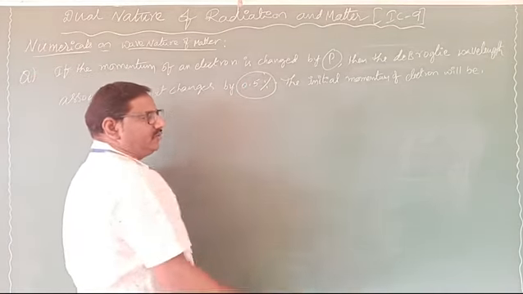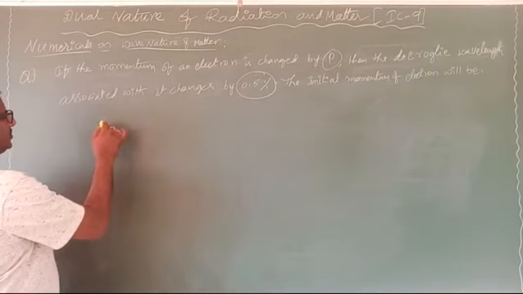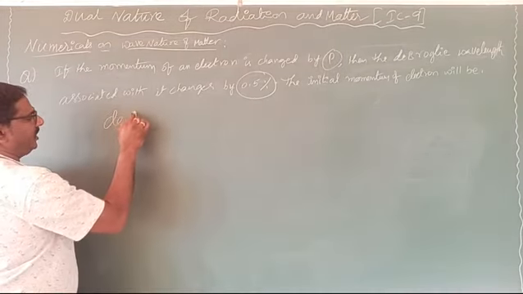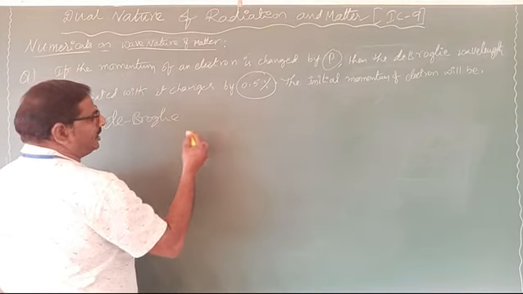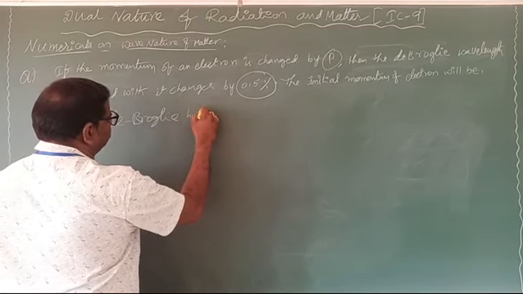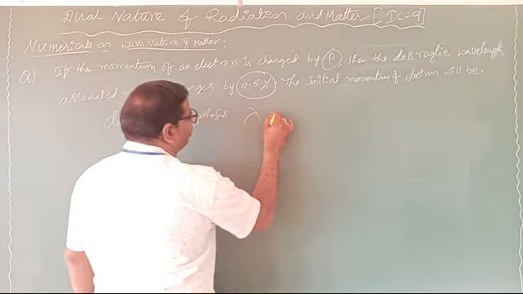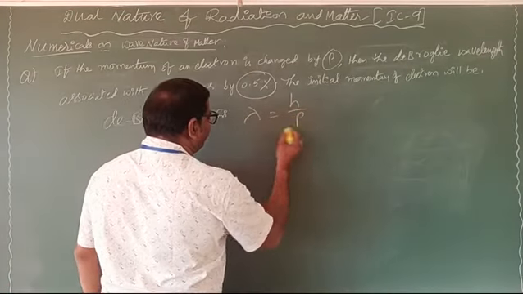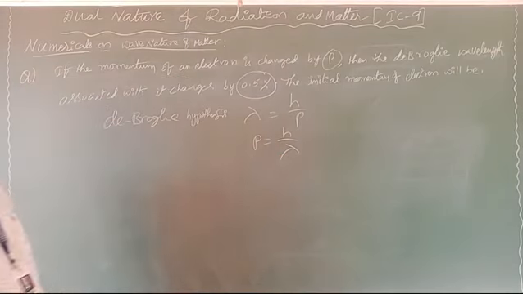Then the initial momentum of the electron, from the de Broglie hypothesis, lambda equals h by p. From that, momentum p equals h by lambda.